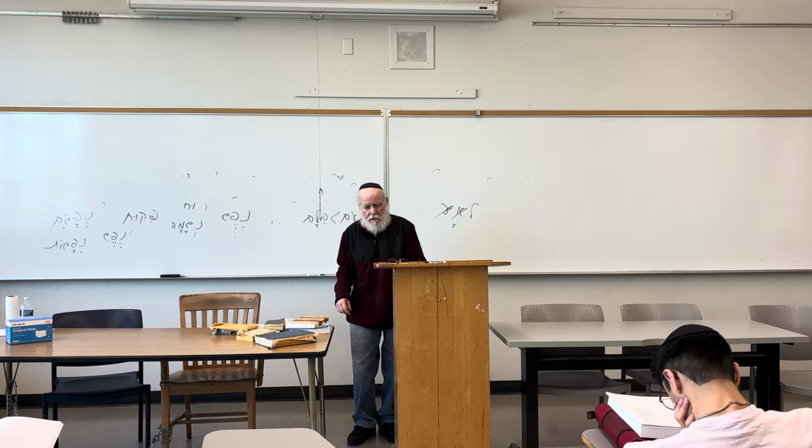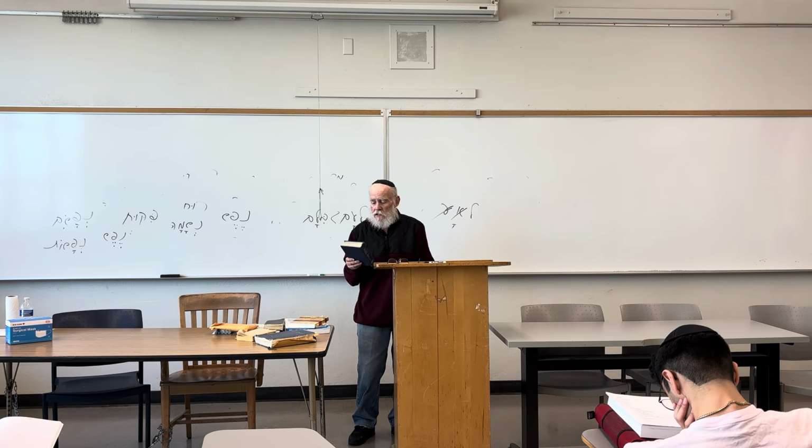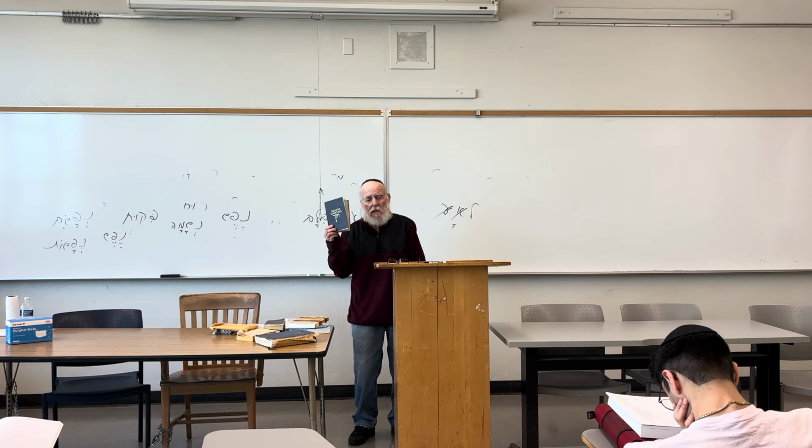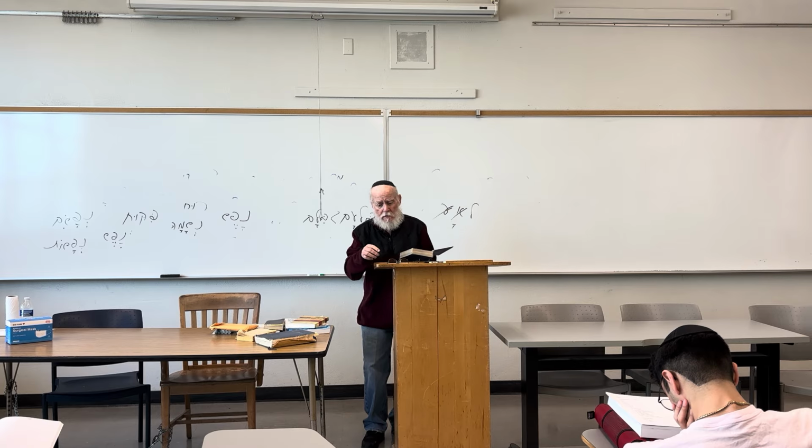In fact, let me just show you something. See this book here? See the cover? Holy Scriptures? See the writing? Tanakh? Looks very Jewish. It is very Jewish. It happens to be a 1917 English translation of the Jewish Publication Society of the Holy Scriptures according to the Masoretic text, a new translation.